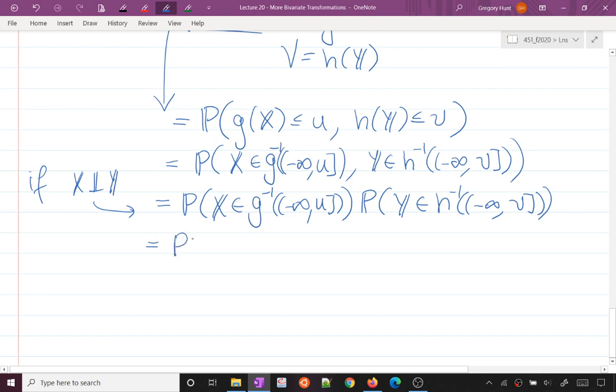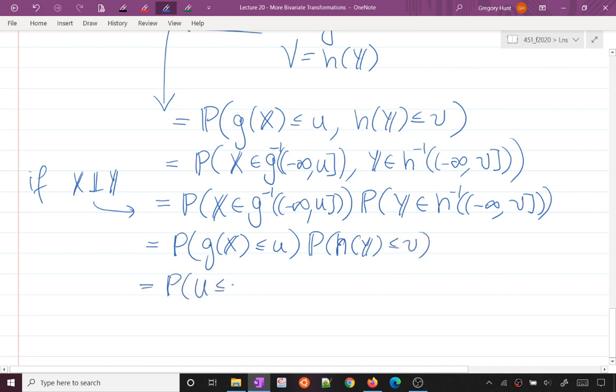This is the probability that g of x is less than or equal to little u, and the probability that h of y is less than or equal to little v, or the probability that u is less than or equal to little u times the probability that v is less than or equal to little v, which is f_U of little u times f_V of little v.